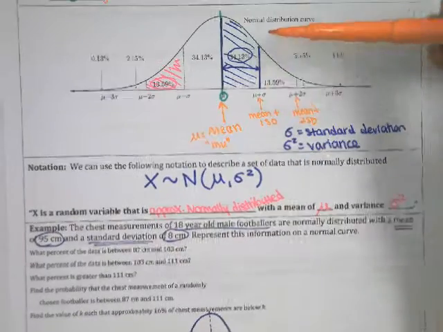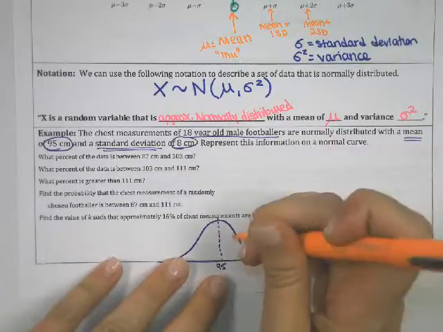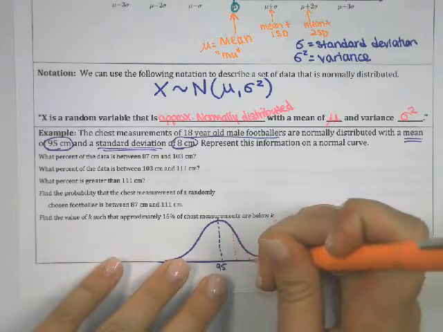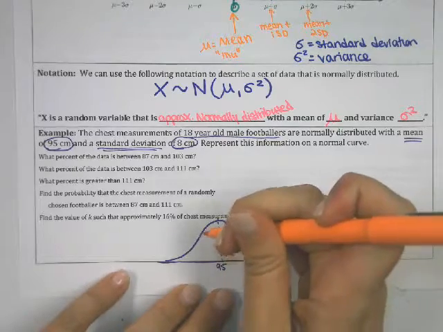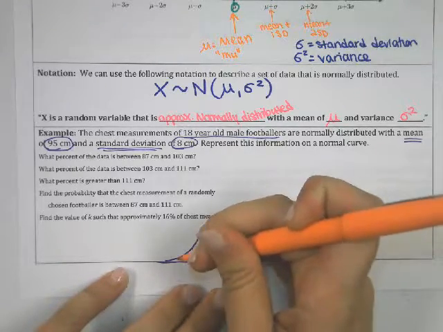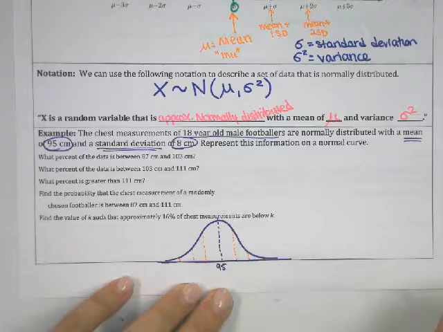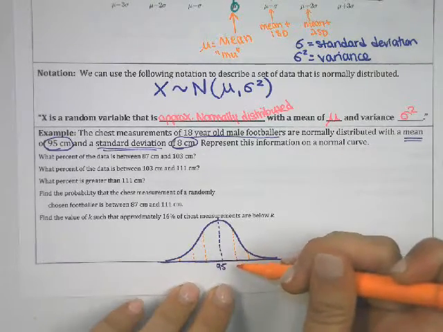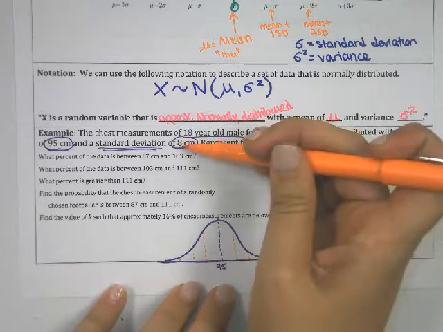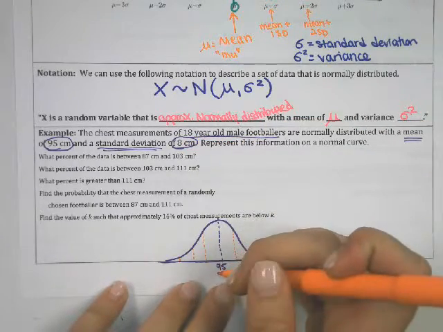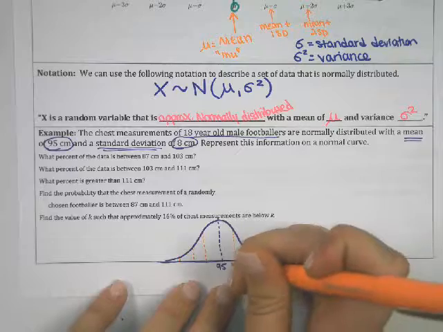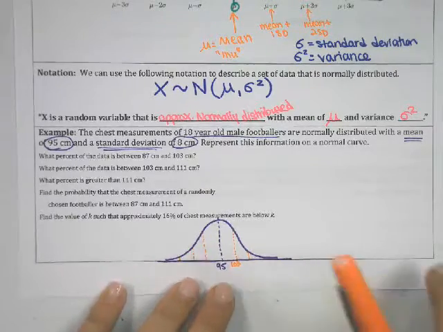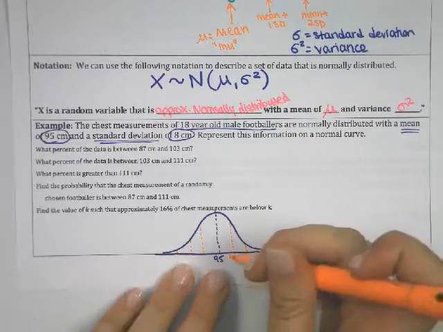So I'm going to try to put my lines similar to the way they are up here. So 1 standard deviation above, 2, 3 would be down there. 1, 2, 3 would be down there. If I go 1 standard deviation above the mean, where 8 is our standard deviation, we'd go 95 plus 8, which is 103. So 1 standard deviation above the mean is 103 centimeters.